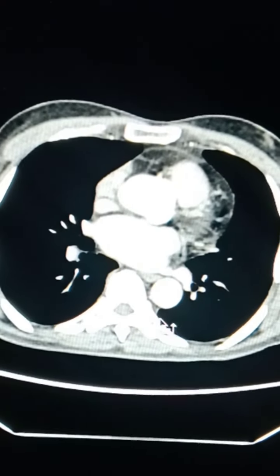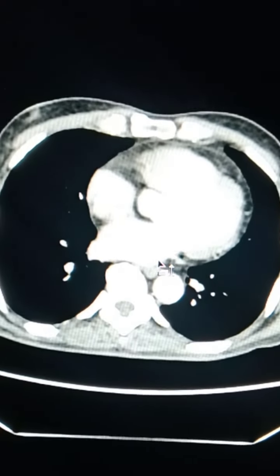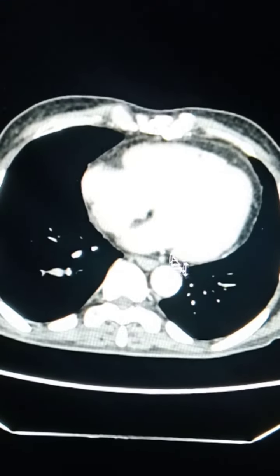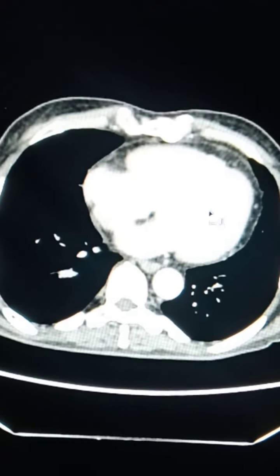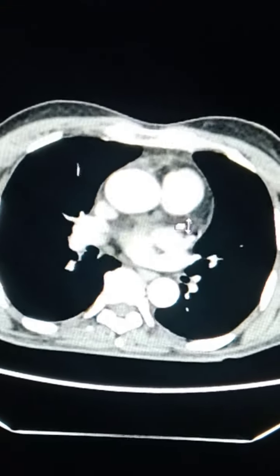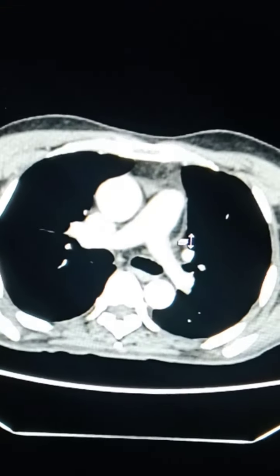The pulmonary veins drain into the left atrium. From there, the blood is pumped into the left ventricle. From there, the aorta arises.